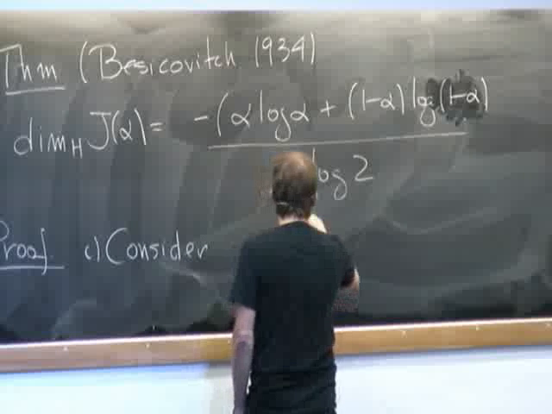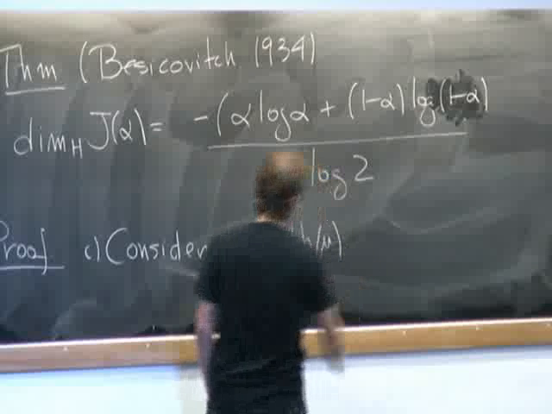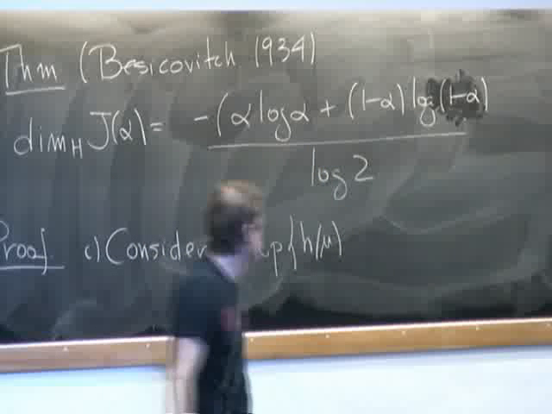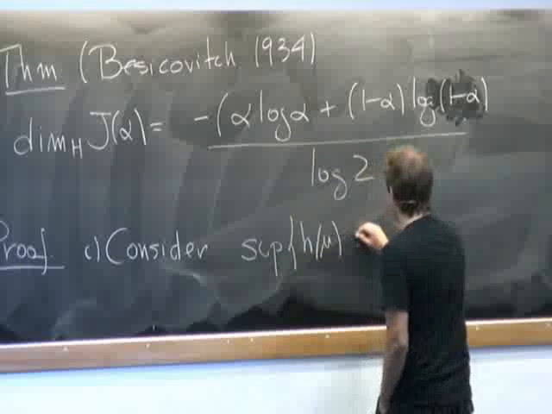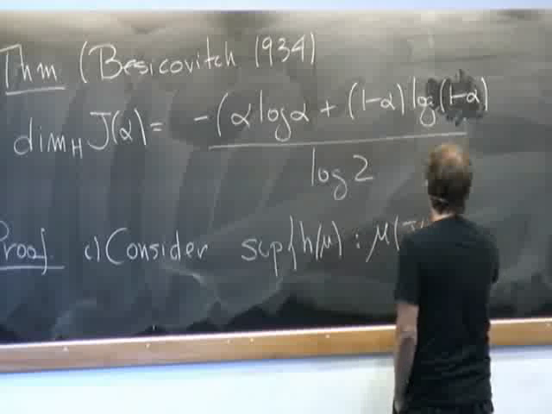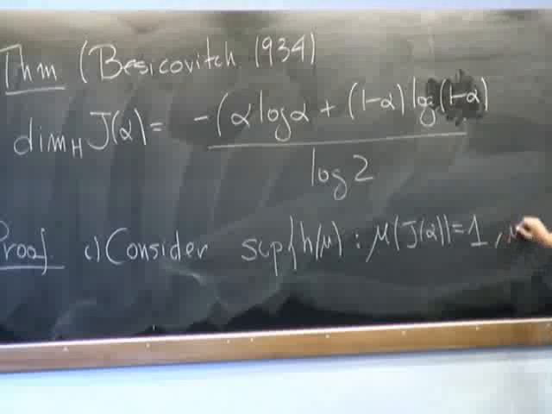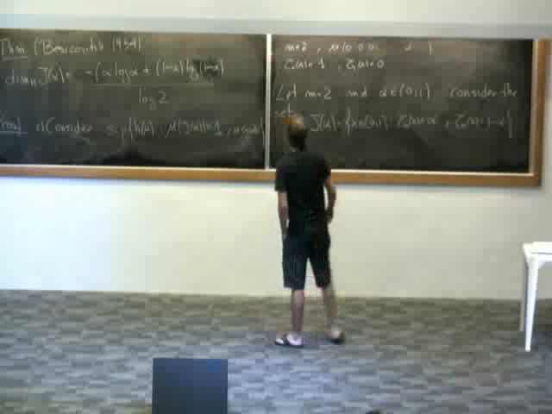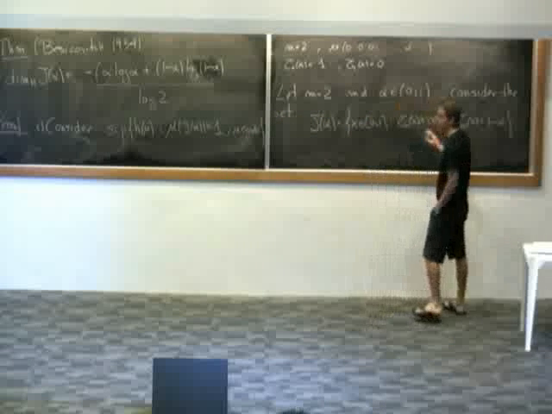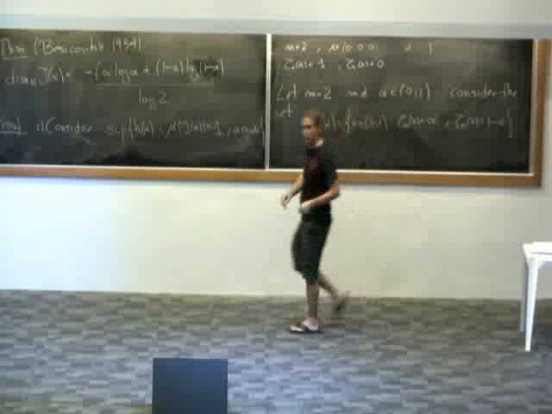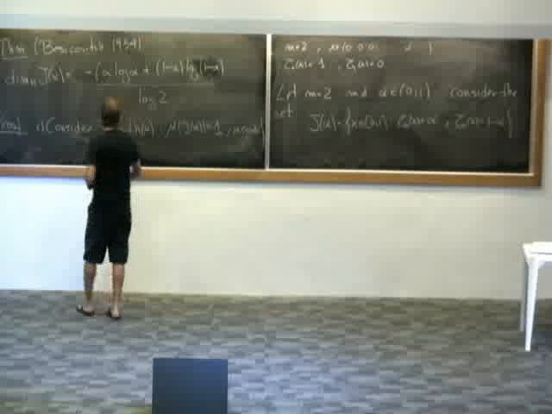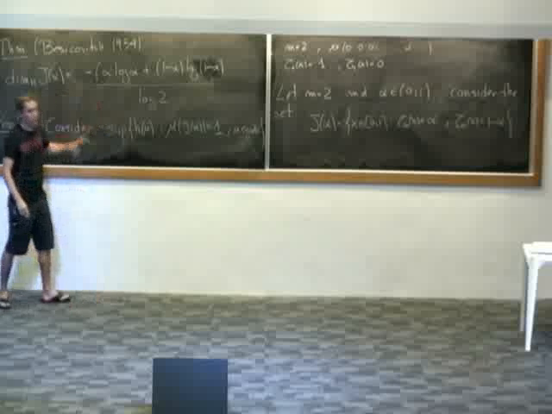The supremum of the entropy of all measures that are supported in this set and are ergodic. Of course, this set looks even nastier than this one, but that's the approach we're going to follow. I would like to estimate this supremum.